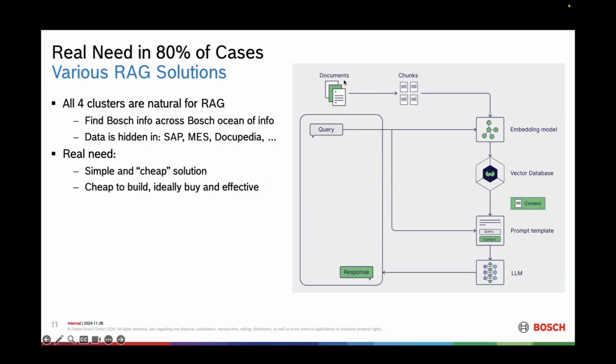So the data to which you'd like to get access, and as I said, it's 80% plus cases, you have this data, these hidden gems hidden in this data. So what do you do? You chunk the data, you embed these chunks and store them in a vector database.